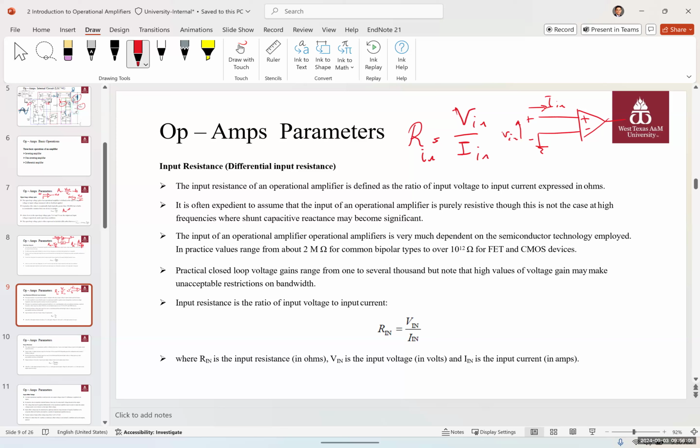And for an ideal op amp, this input current is usually very low, close to zero. Therefore, the input resistance is extremely high. For an ideal op amp, we want this input resistance to be close to infinite so that the input current is close to zero. So this is for an ideal op amp.